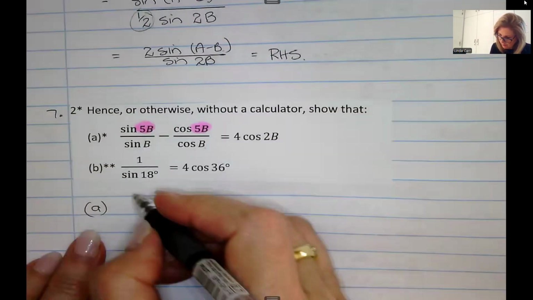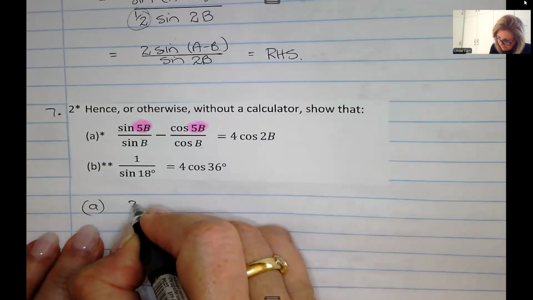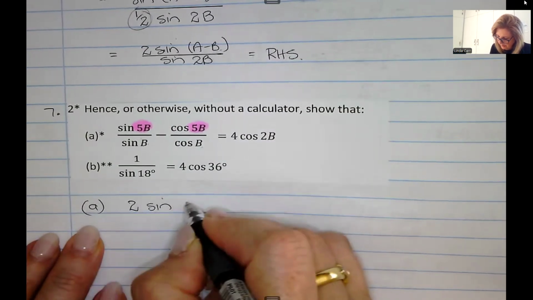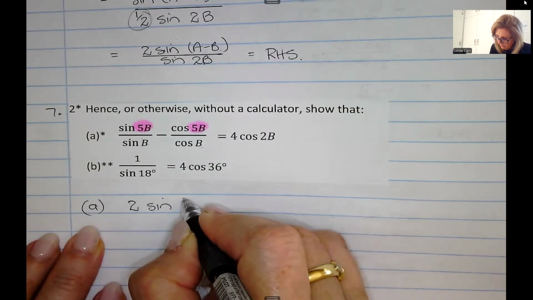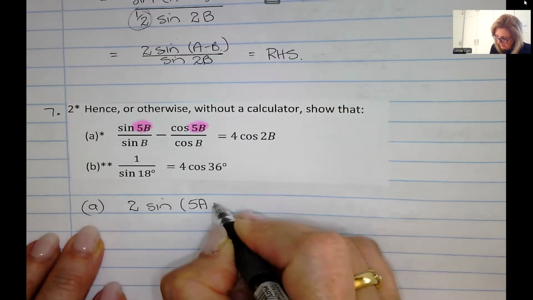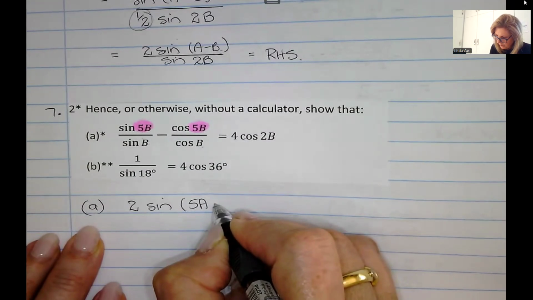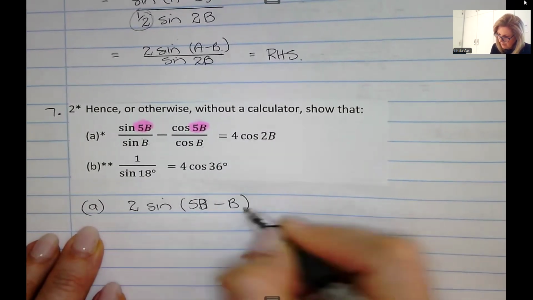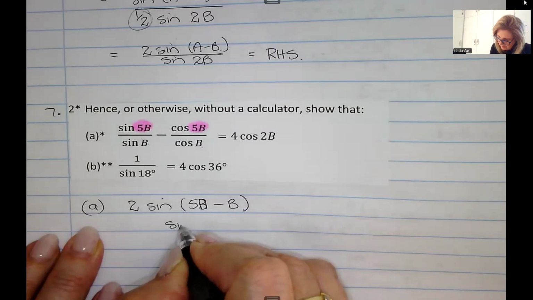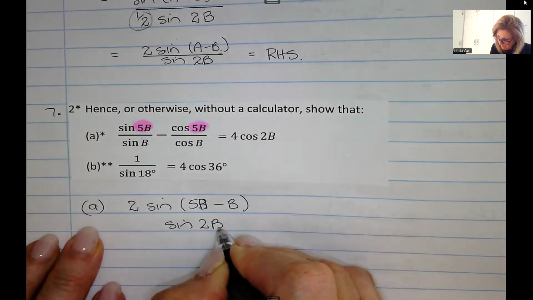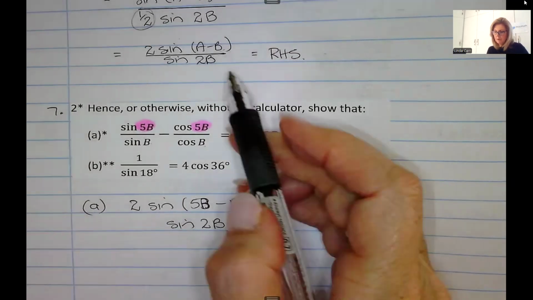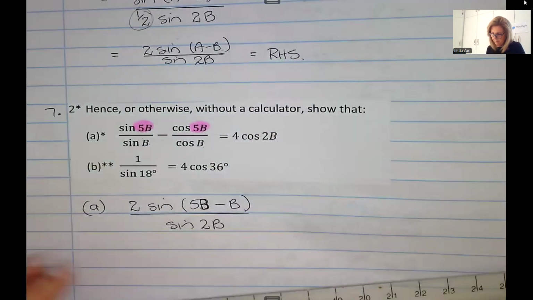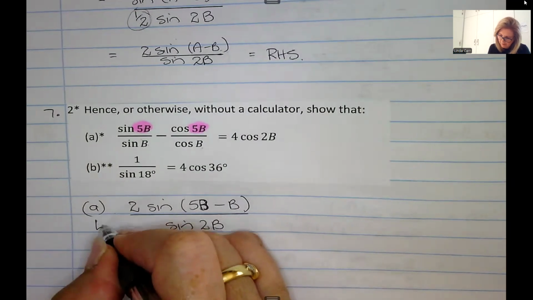Okay, so it's going to become the right-hand side, 2 sine 5B minus B. The bottom will stay sine 2B. Okay, so I'm using that result, but I've replaced the A with a 5B. And this is the left-hand side.